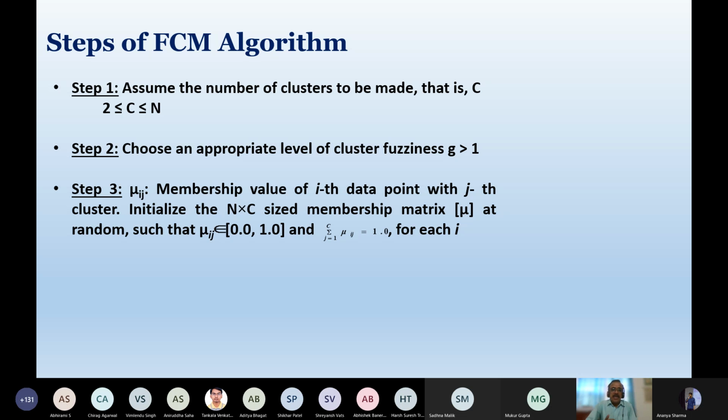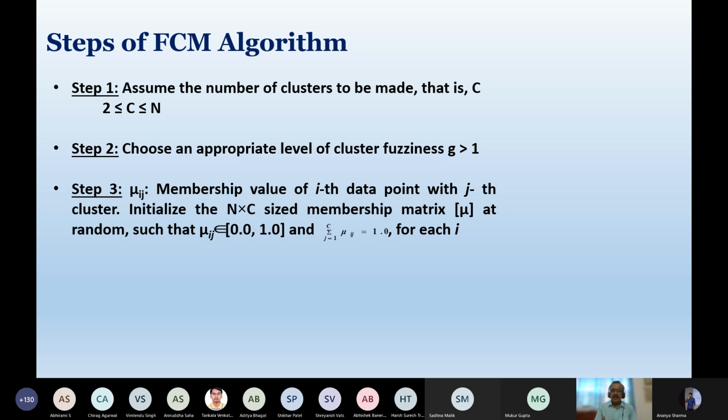So what we do is we try to initialize at random using the random number generator, so that the sum of the membership function values of a particular data point with the clusters becomes equal to 1.0. The individual mu value will lie between 0 and 1, and the sum of all the mu ij, j equals 1 to c, is nothing but 1.0 for each i. So this is the way we start our algorithm.